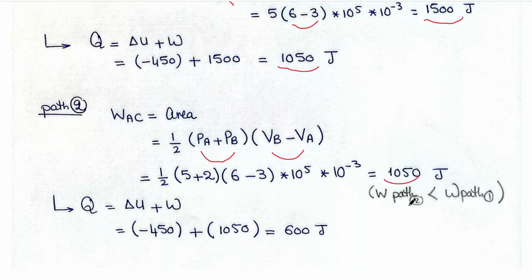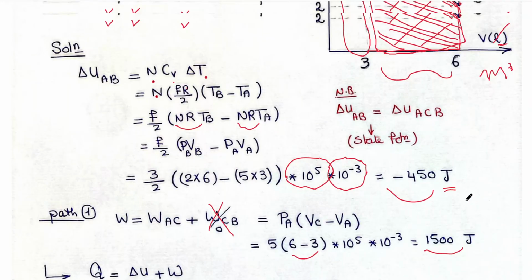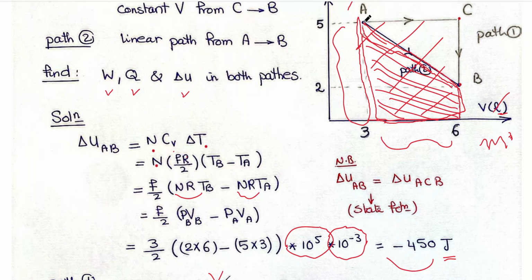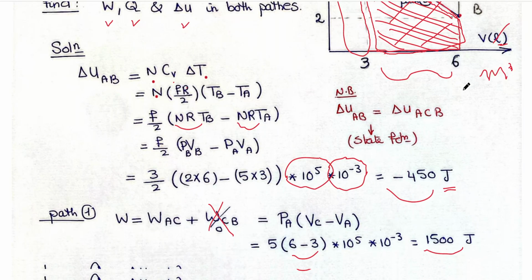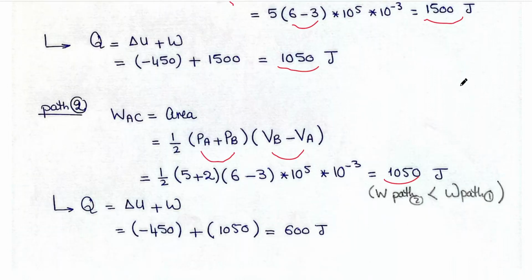Notice that the work of path 2 is less than the work of path 1. Why? Because path 2 has less area under it than path number 1, and work is the area under the PV diagram. And again, to calculate the heat, just add the same delta U and the work.